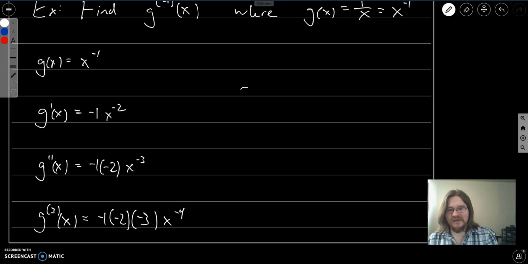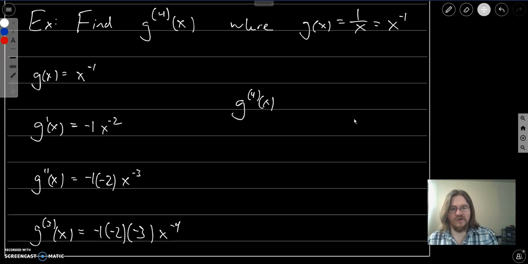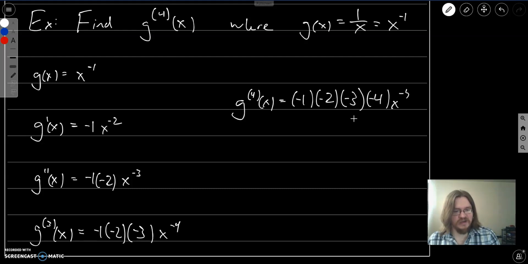And then finally, our fourth derivative of g, which is what we were asked to find originally, is going to be negative 1 times negative 2 times negative 3 times negative 4 times x to the negative fifth power.